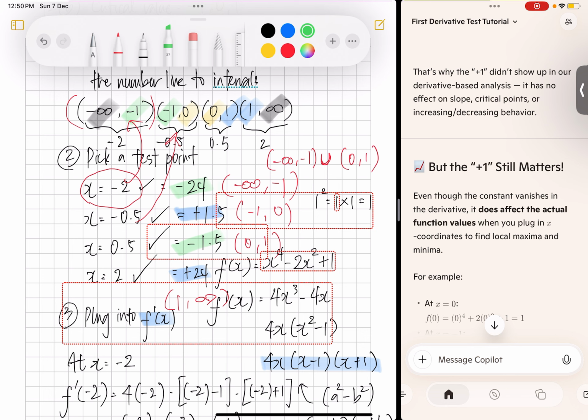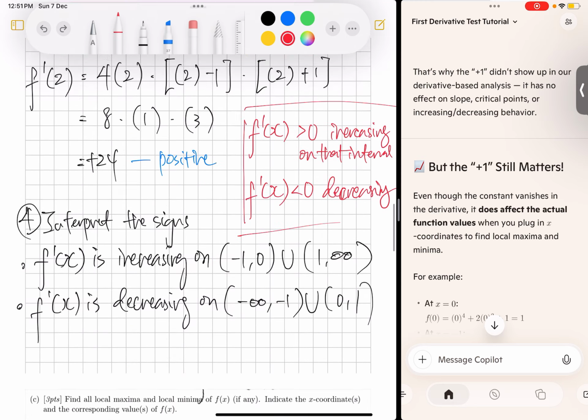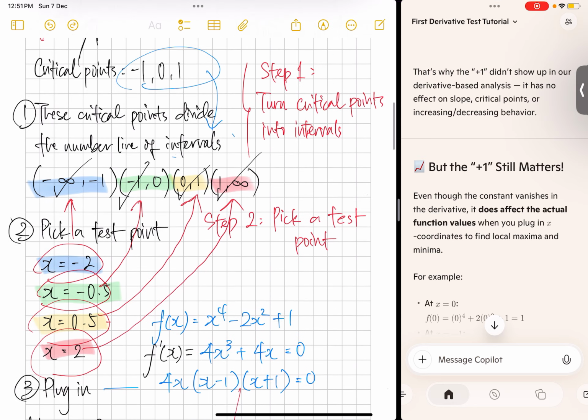Because this is negative, this is also negative. And then it goes the same for this here and here, and you can try it. There's going to be negative 1, 0 union 1, infinity. And that's how we're going to present it.